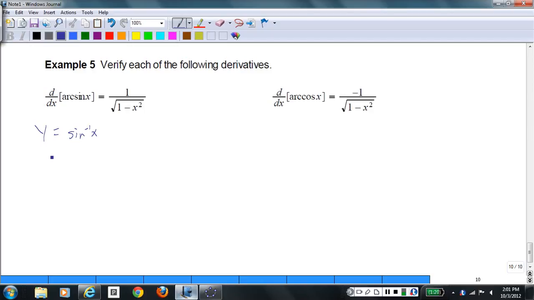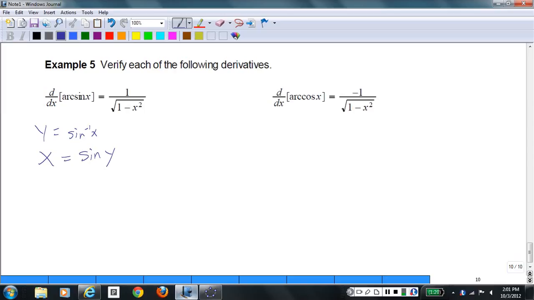I believe this is equivalent to saying x equals the sine of y. Yep. x equals the sine of y. So what I want to do is find dx/dy, take the reciprocal of that, and then try, if I can, to write it explicitly in terms of x.